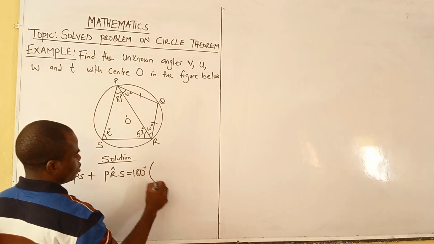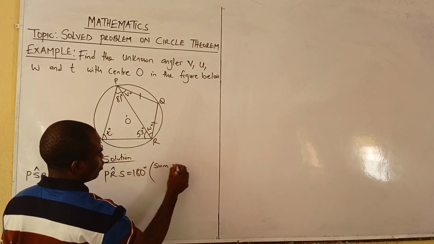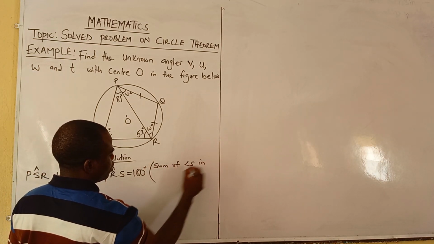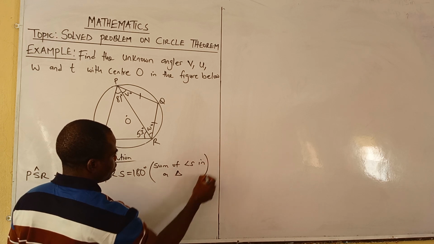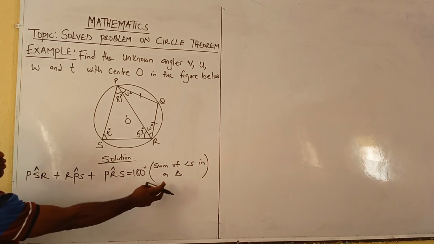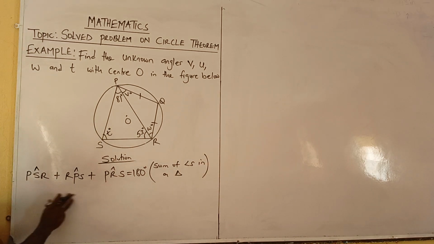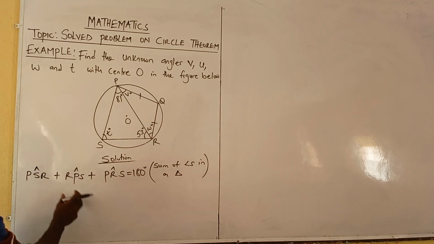What's the reason? Sum of angles in a triangle. The reason is very important when you are solving this type of question in theory, but using objective, you don't need to put the reason.